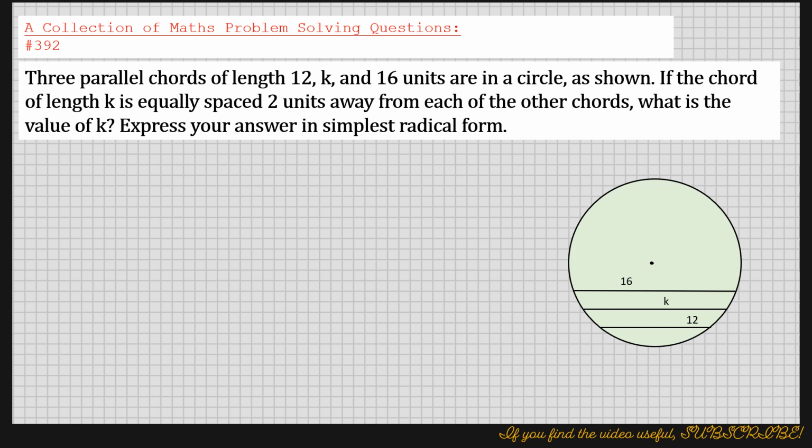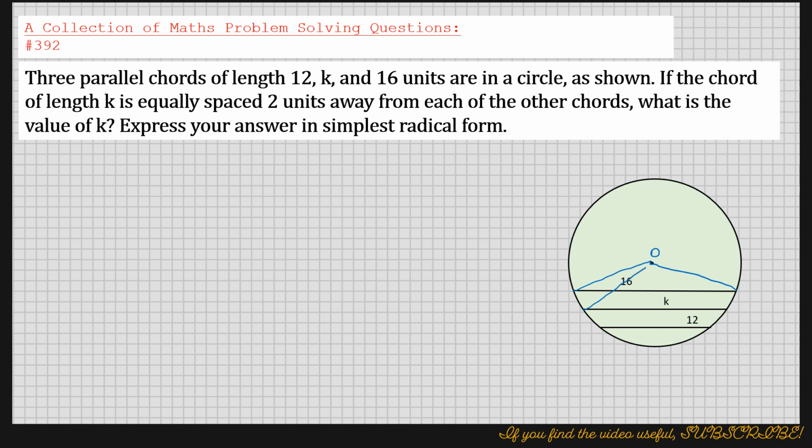So you will notice that this point O, if I name it O, is the center of the circle. If we draw lines from the center of the circle to the ends of the chords, those lines are the radius.